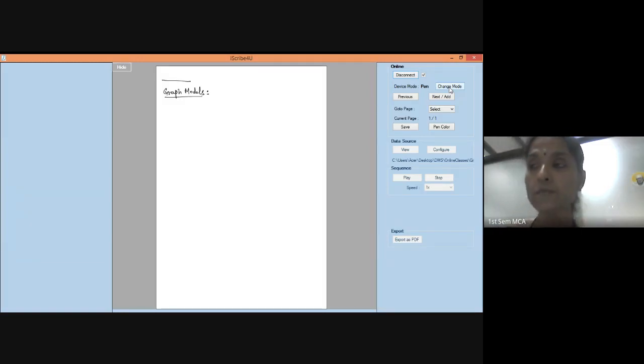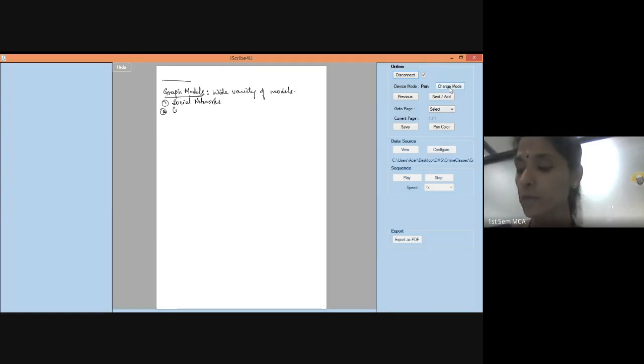Now, graphs can be used in a wide variety of models. Meaning, we can use graphs to represent different kinds of models. Like we can make use of graphs to represent social networks.